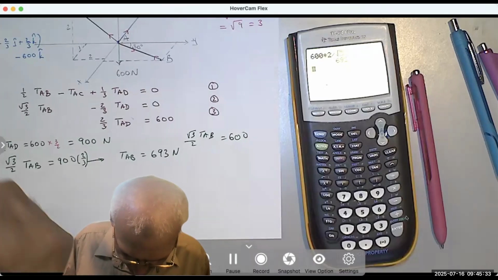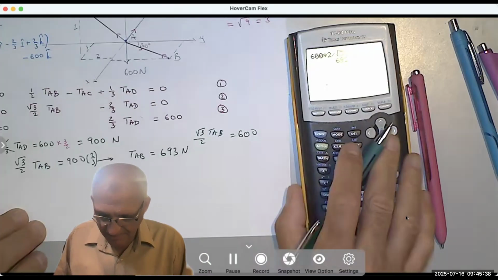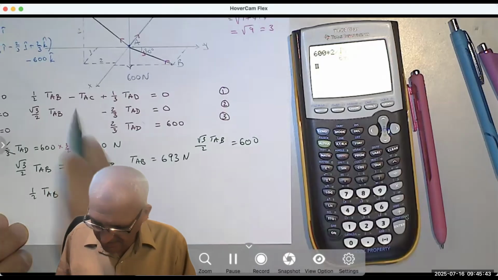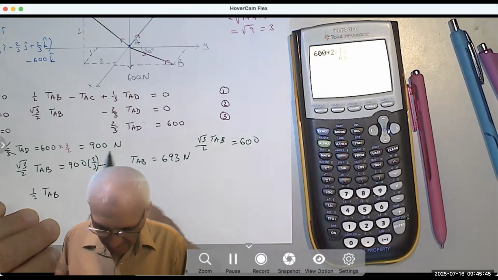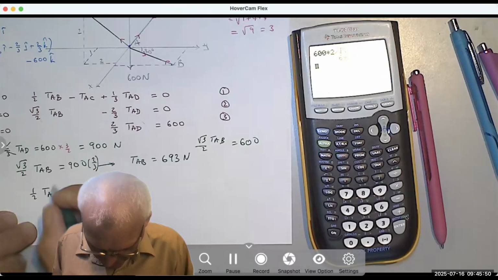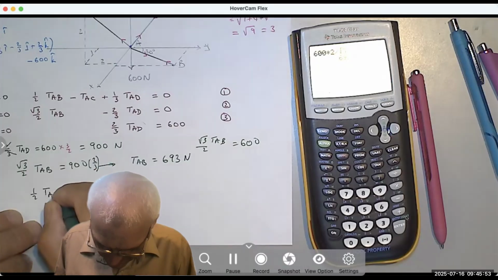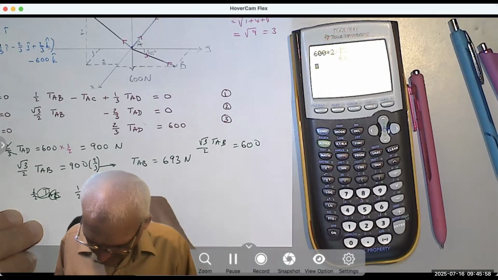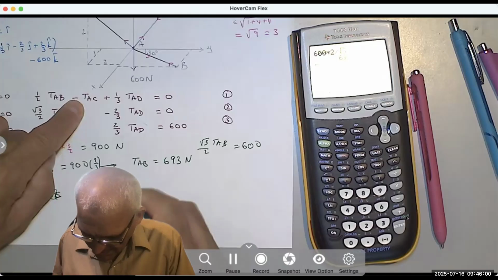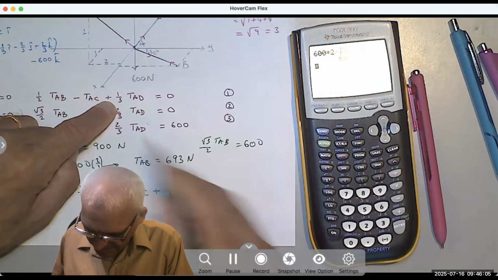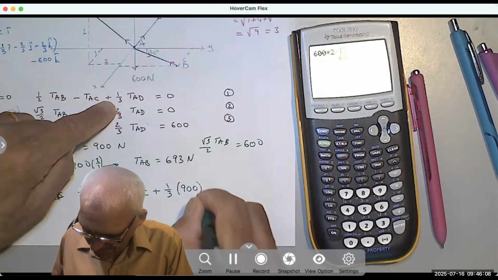And finally, from 1, we solve for TAC. So we say 1/2 TAB minus TAC, plus 1/3 TAD, which is 900, equals 0, with 1/2 TAB being 693.